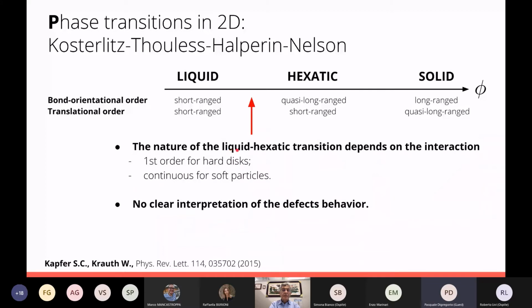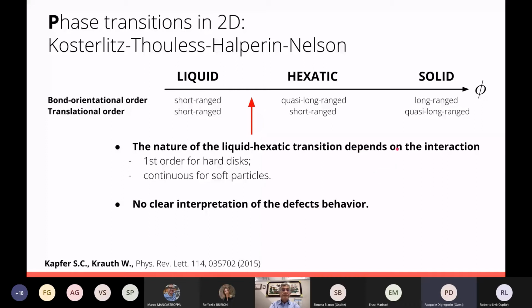Although this theory is a long-standing problem in statistical physics, there are still some unanswered questions. First of all, the nature of the hexatic-liquid melting is not universal, but it depends on the interactions between particles.